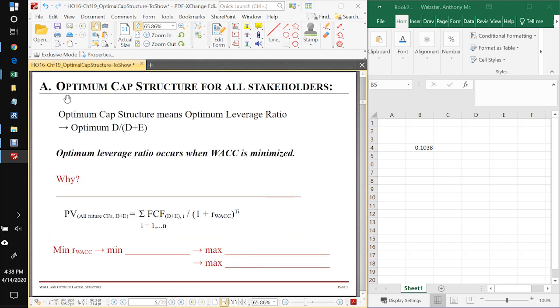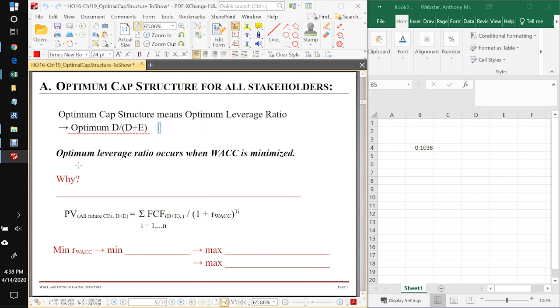So let's look at first the optimum capital structure for all stakeholders. And what we want to note first of all is that we're measuring our leverage by debt over debt plus equity, and this will be, as we've been looking at recently, market value of equity when that's available, otherwise GAAP value of equity.